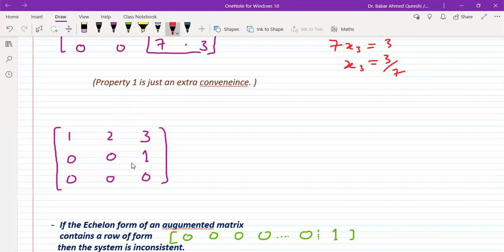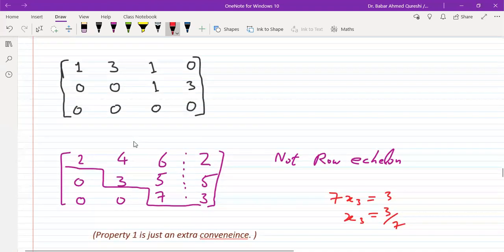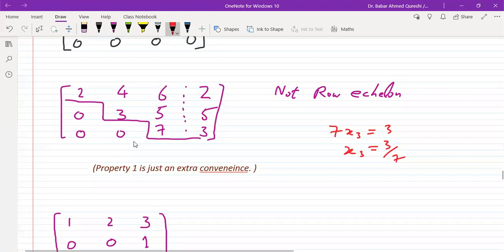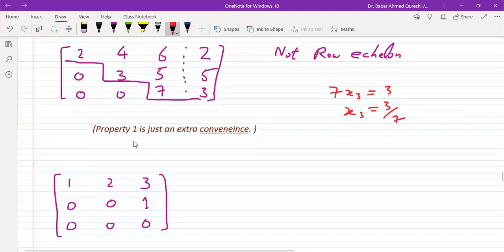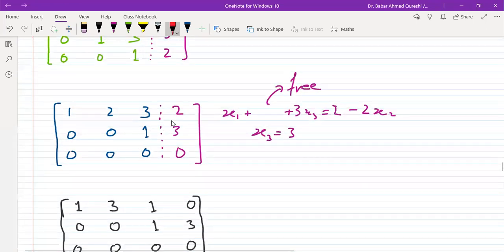Sir, so the earlier one, that's perfectly triangular but non-echelon. Yeah. This one. Now this one, which is echelon, and I change it over here to get some solutions.